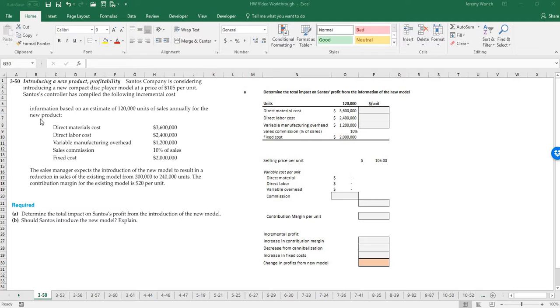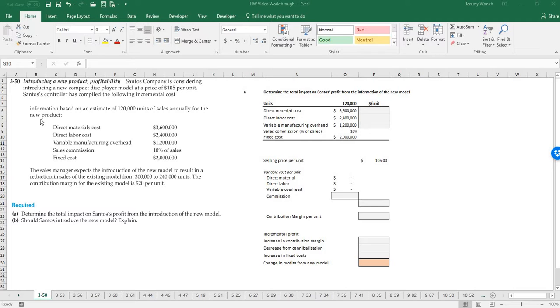In this problem, we're talking about compact disc players. Wow, how old is this problem? Looks like they haven't updated their books for a while. But anyway, when they sell one of these compact disc players, they're going to have certain variable costs, like the material and the labor that go into it. Every time they make one, the cost of plastic goes up and the cost of direct labor goes up.